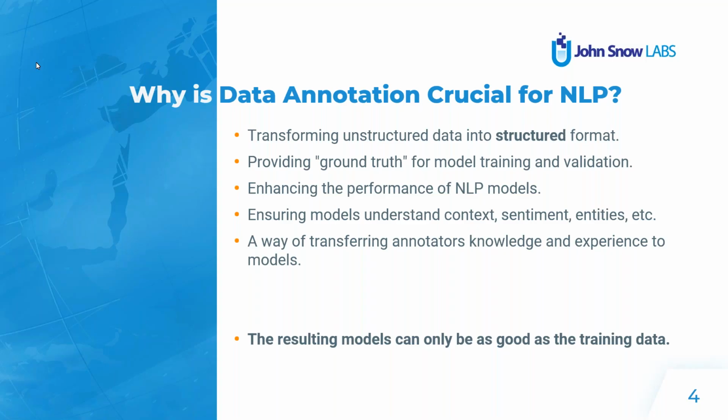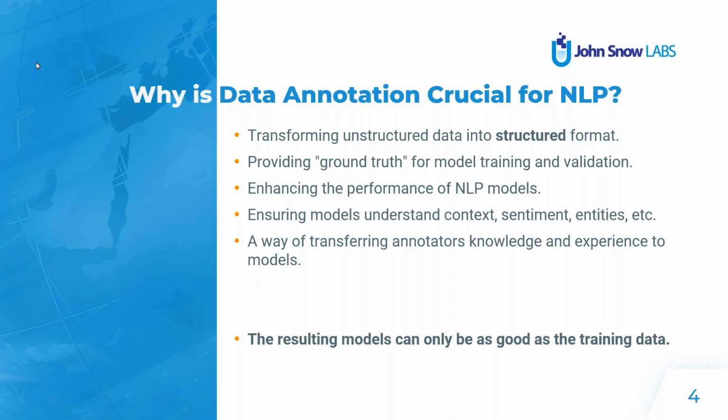It provides what we call ground truth, the labeled examples that models rely on for training and for validation of the results. Without those accurate annotations, even the most sophisticated algorithms will fail to generalize well and to produce the right outputs given the prompts or the test data.